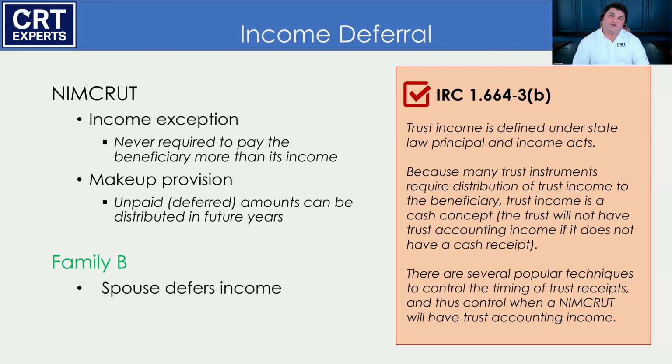It's allocated to the undistributed income tiers. But until we have a cash distribution from the LLC or the annuity to the NIMCRUT, we do not have trust accounting income. So that's at a high level. There are certainly technical details that we need to be mindful of and address. Those are outside the scope of this discussion, but you can check out that webinar if you want to see that discussion.